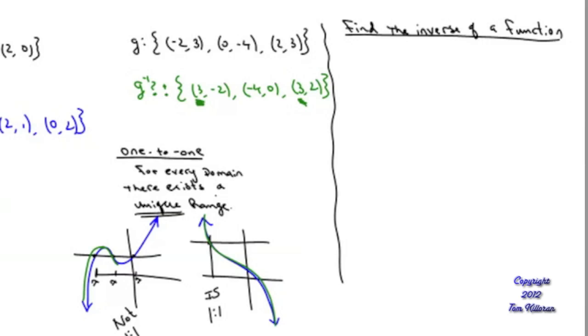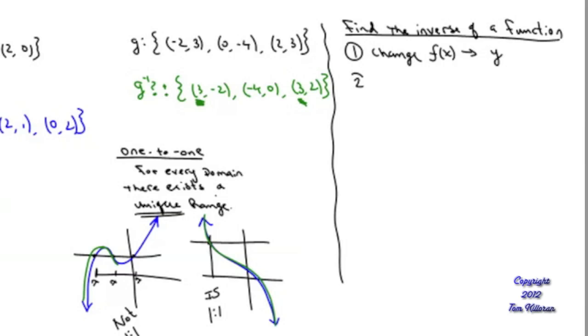To find the inverse of a function, number one, change your function notation back into old notation. So in other words, change f of x, g of x, h of x, whatever it is, back into regular old y. It just makes the work afterwards a little bit easier.